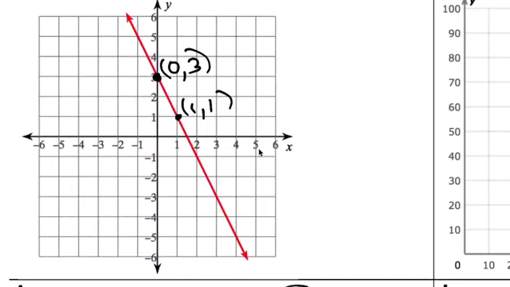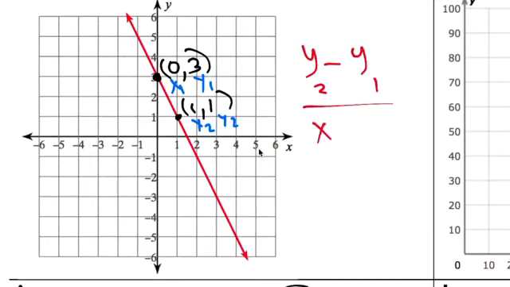The line is going down, so this one would be your first one. Formula is y sub 2 minus y sub 1 over x sub 2 minus x sub 1. Okay, your y sub 2 is a 1, so you put a 1 up on y sub 2.